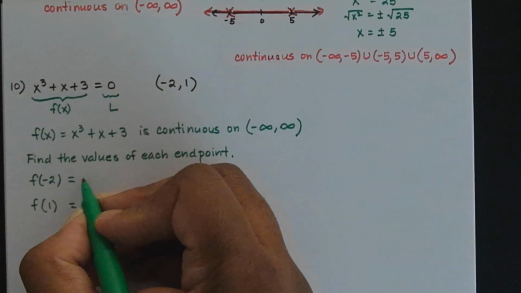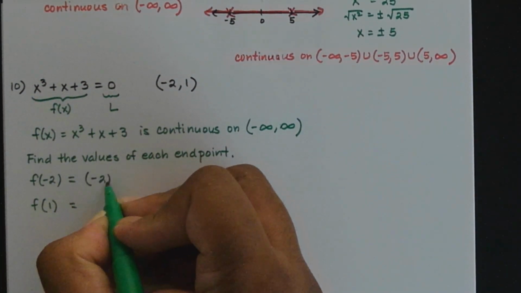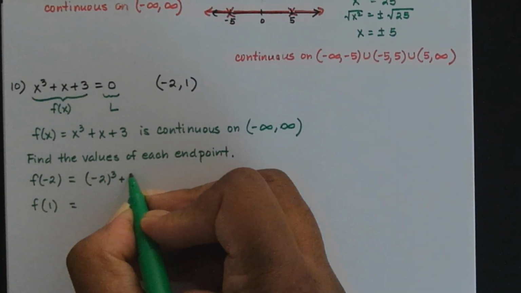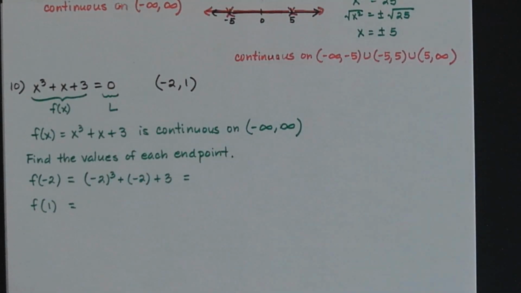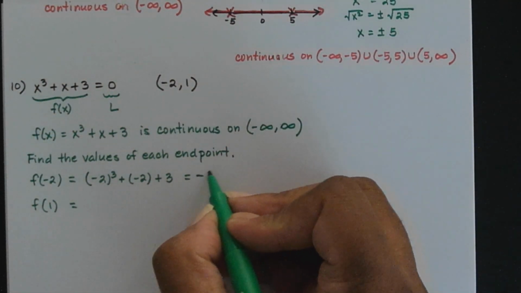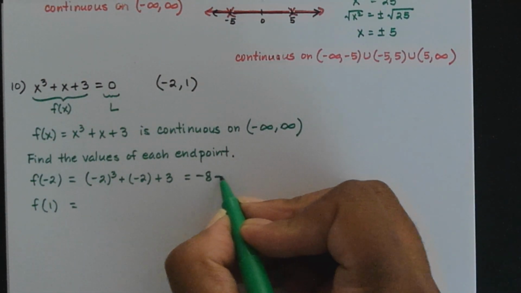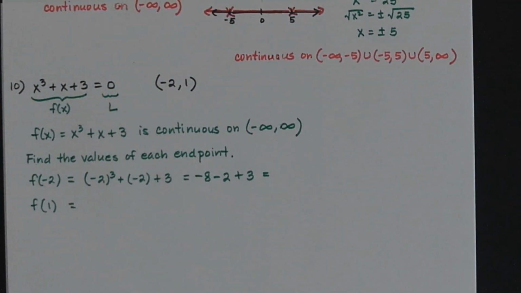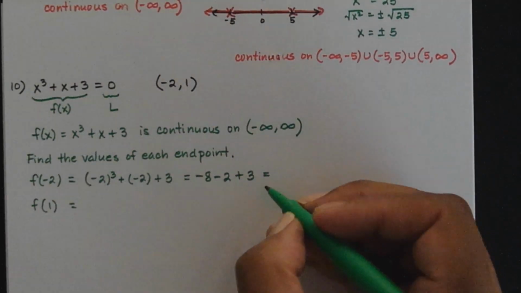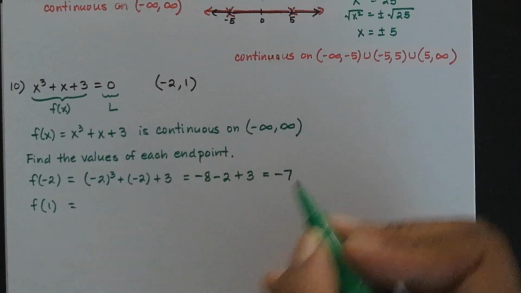So let's start with f of negative 2. This will be negative 2 cubed, plus negative 2, plus 3. Negative 2 cubed is negative 8, plus negative 2 is minus 2, plus 3. Negative 8 minus 2 is negative 10, and negative 10 plus 3 is negative 7.